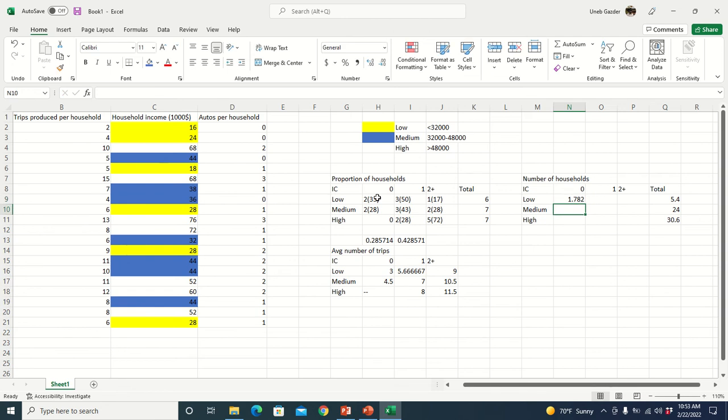Okay, this is the number of households which have low income and 0 autos. Okay, similarly 60 into 0.09 into 0.5, then I have 60 into 0.09 into 0.17.